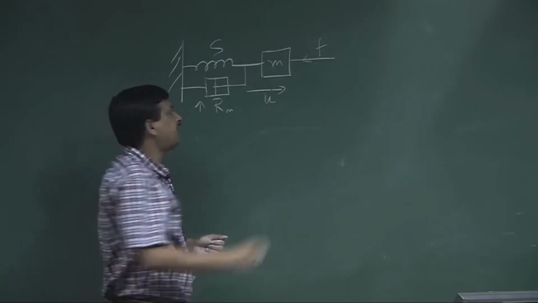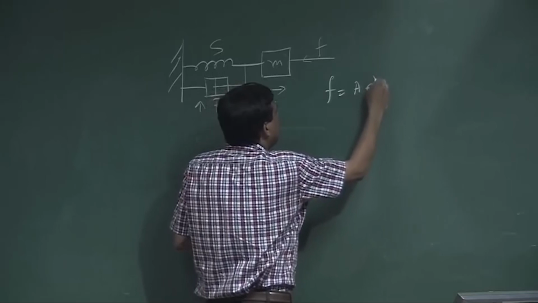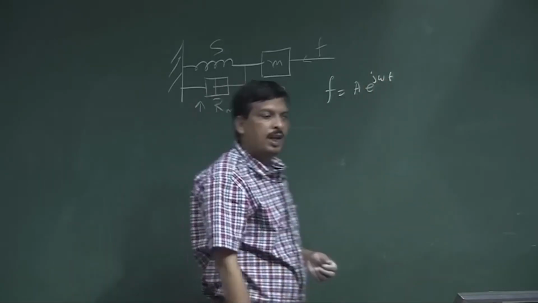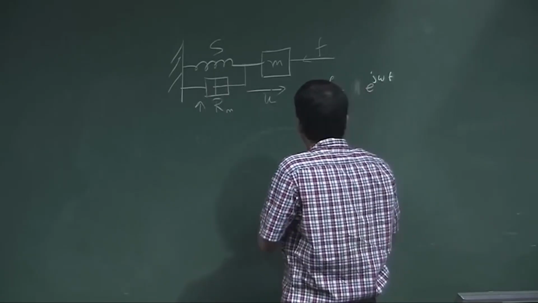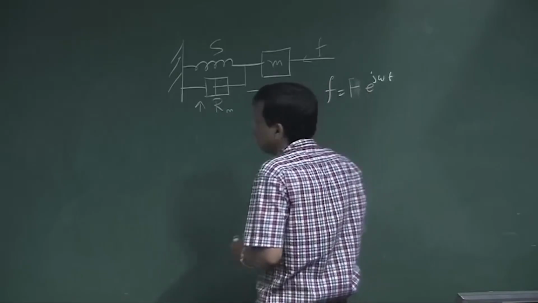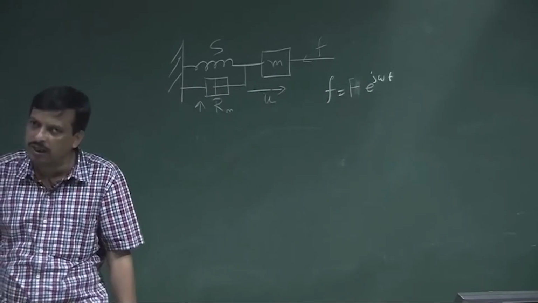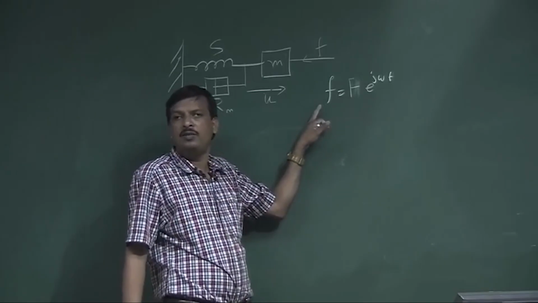So, let the applied force F be F e to the power j omega t, where capital F is the amplitude and omega is the frequency of the applied force.